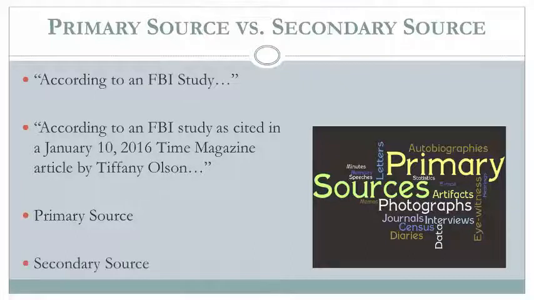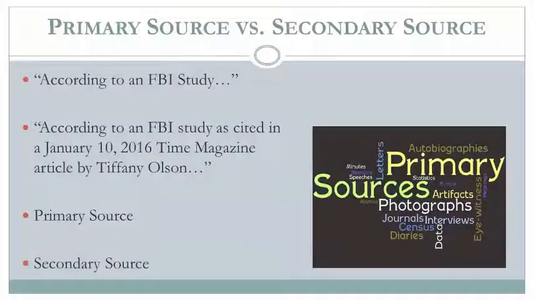The secondary source is Tiffany Olson's article in Time Magazine. Tiffany Olson is doing a commentary or an evaluation on that primary source. A secondary source analyzes or interprets or retells or explains or critiques the primary source.